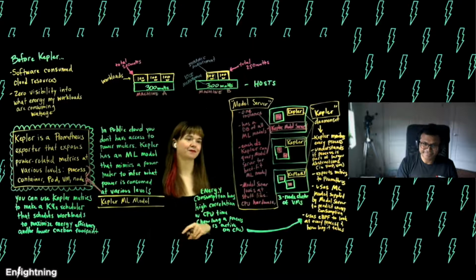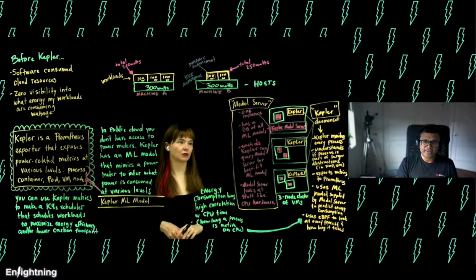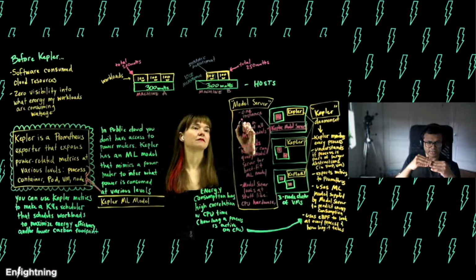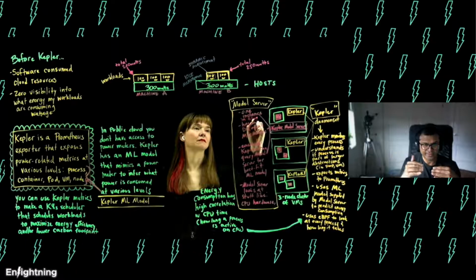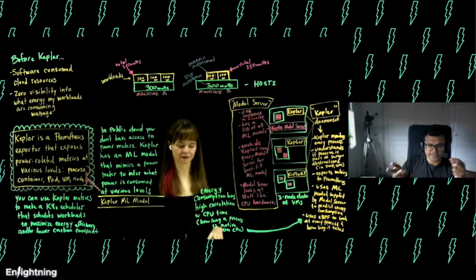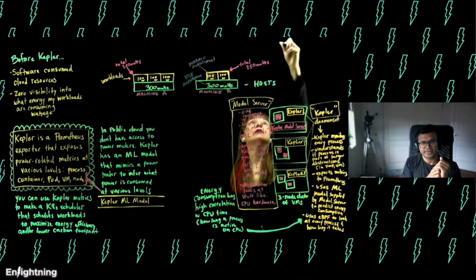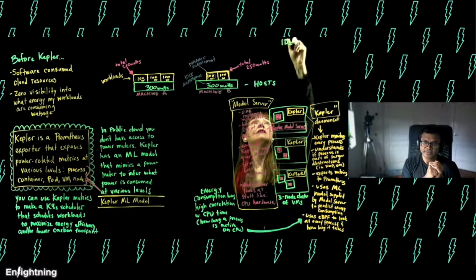And for each process, again, we split the consumption into idle and dynamic. So each process reports two power values, the idle and the dynamic.